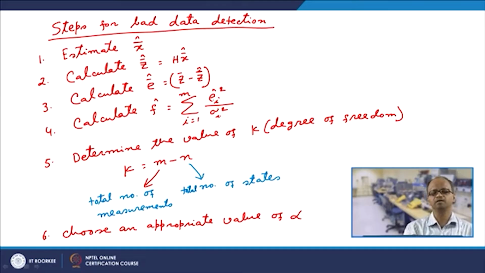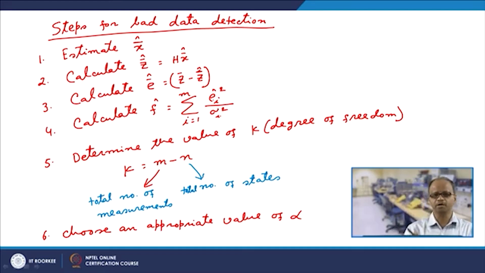E I hat will only increase if there is a large difference between the actual measurement value and the estimated measurement value, and this large difference will happen if and only if some measured data is absolutely erroneous.